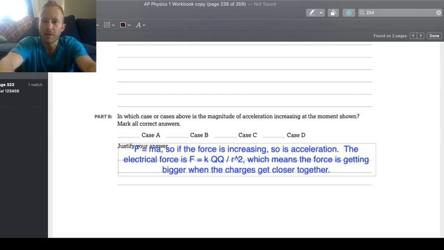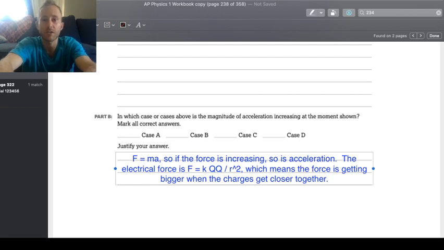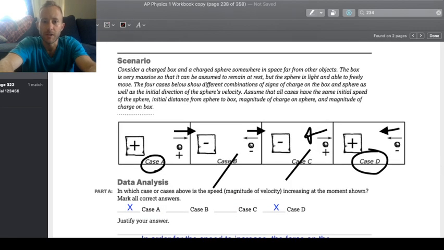So the ones that have an increasing acceleration are the ones where the charges are getting closer together. So let's evaluate it. Here the charges are getting farther apart at the moment shown, so that one's out. Here, in case B, the charges are getting closer together, so that one is good.